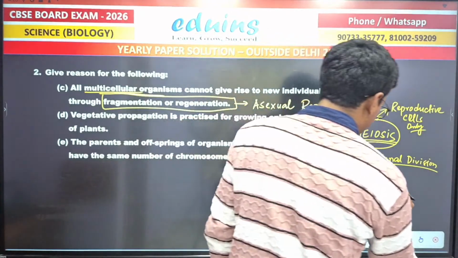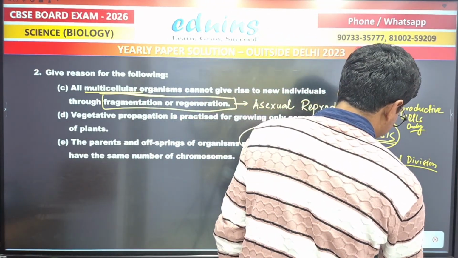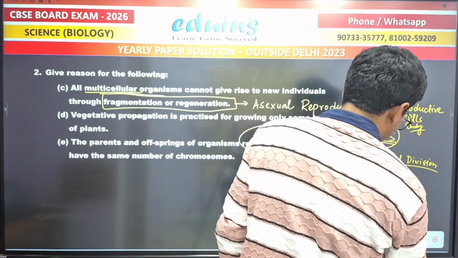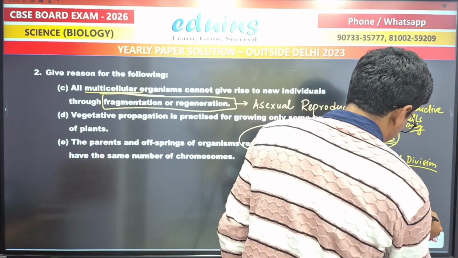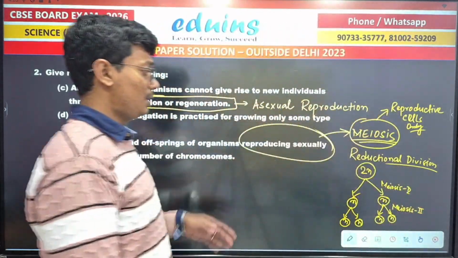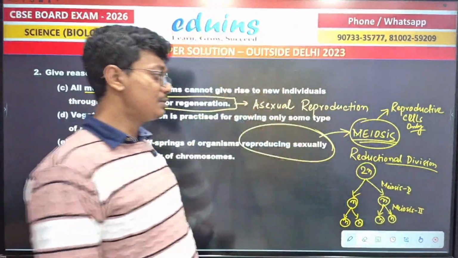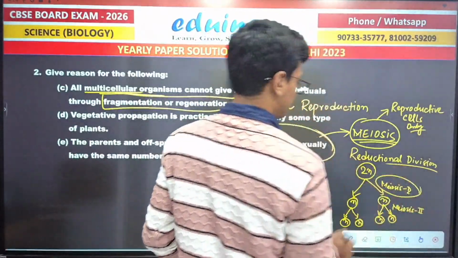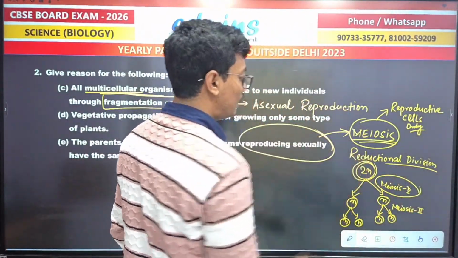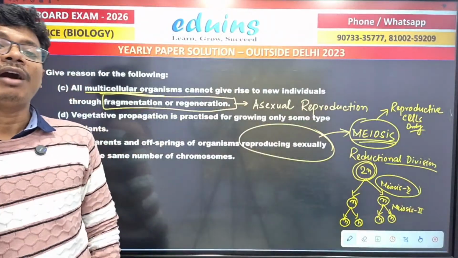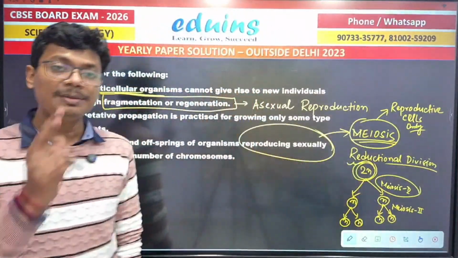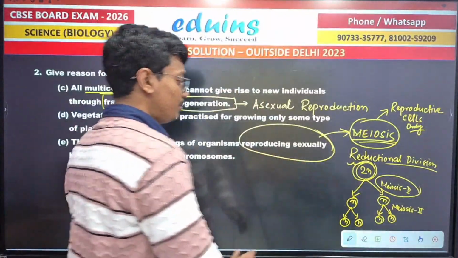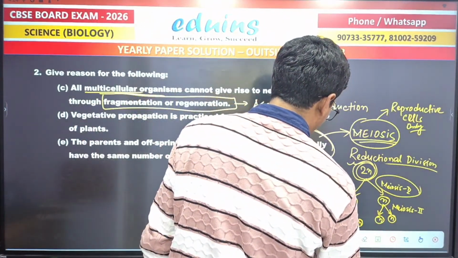So meiosis 1 is the reductional division, where the chromosome number was 2n. In our body cells, the chromosome number is 2n, but in reproductive cells the chromosome number is half. That's why they are called haploid.